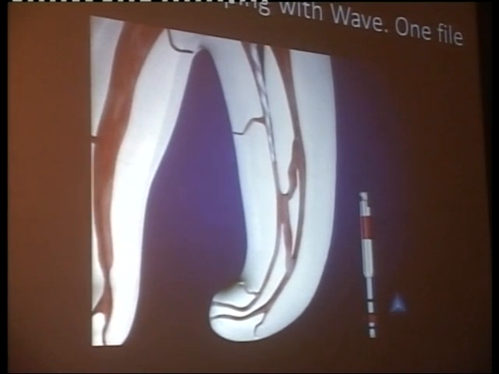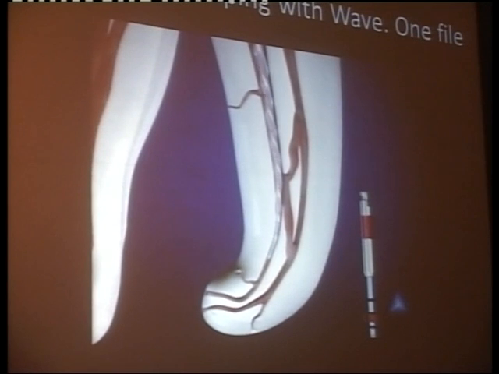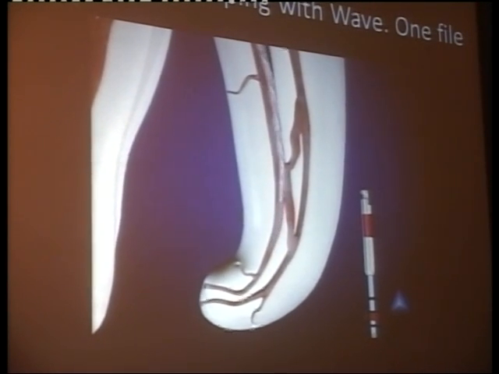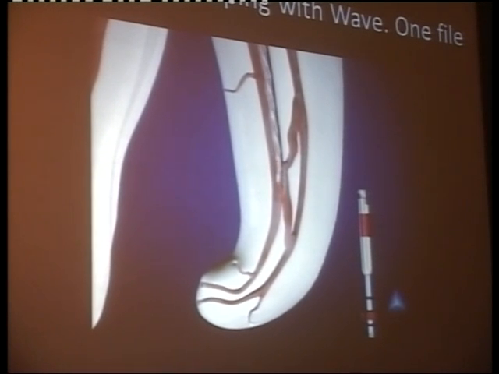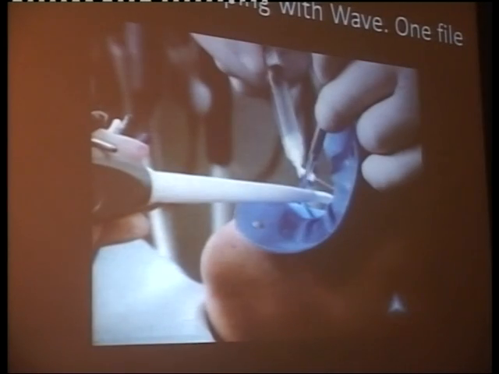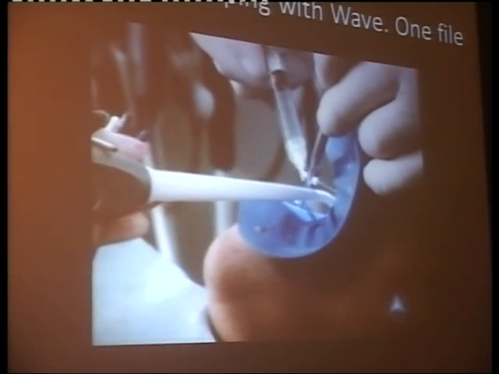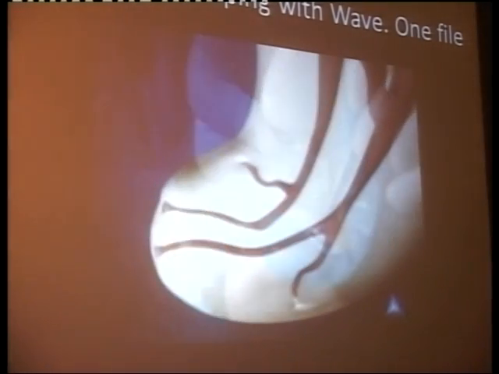Just see the movement. And another thing is that during negotiation of the canal, you should not move the file continuously. Just move the file clockwise and anticlockwise, with a little pressure forward movement, little pressure forward movement. And every time you will have to clean it.